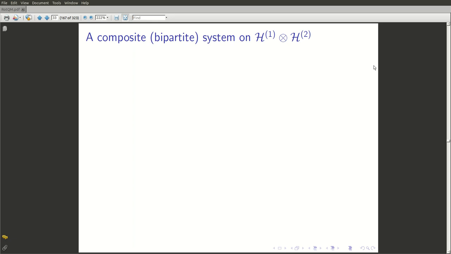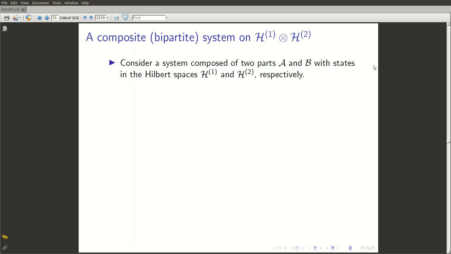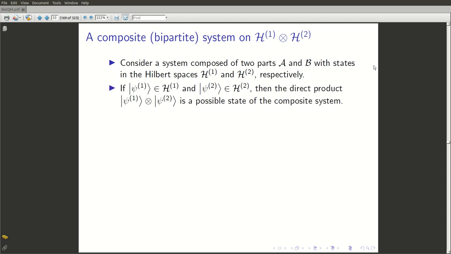So let us call these two parts system A and system B. They have their own individual Hilbert spaces, the set of all possible vectors or kets which describe states of A and B respectively, and we are calling them H1 and H2. Now, if ψ1 is a state in H1 and the ket ψ2 is a state in H2, then the direct product state ψ1 ⊗ ψ2 is a possible state of the composite system.